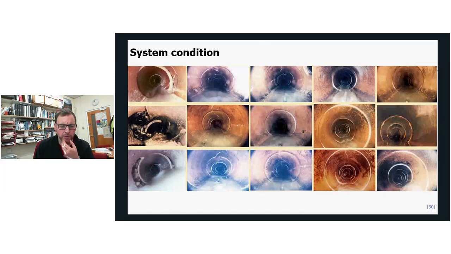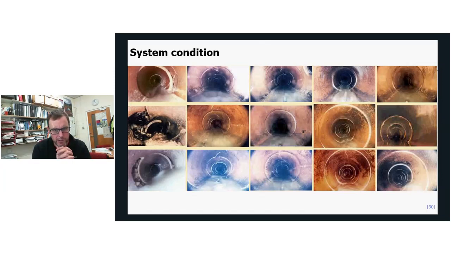System conditions are quite important. These pictures are from the Sewerage Rehabilitation Manual, and what they show is different levels of degradation, from pipes that look relatively okay through to ones where there are obvious problems. I think what's happened over the last 10 or 20 years is the sewerage operators have a much better idea of the condition of pipe networks, and they know where investment's required.